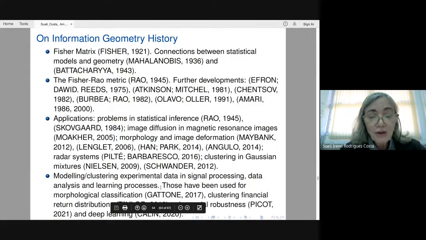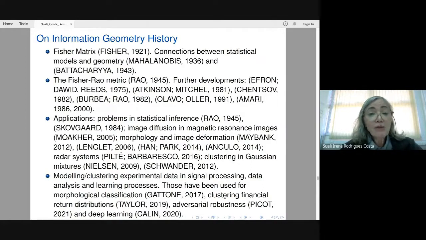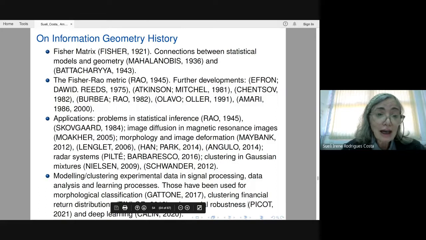Those have been used for morphological classification, clustering financial returns, and robustness in learning, and deep learning. We are very much interested in this last application, and we hope to have some presentation with more recent results. We are really putting some focus on this topic now.